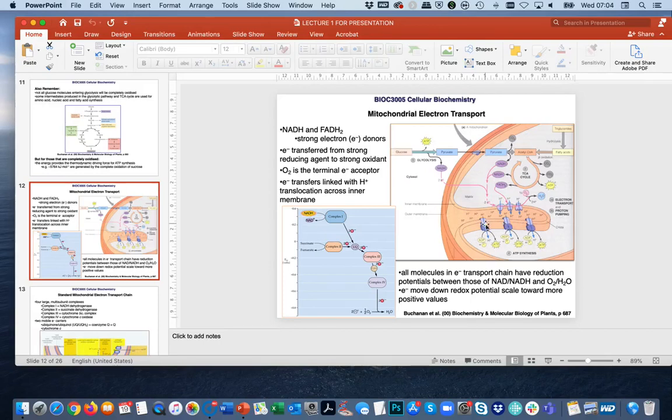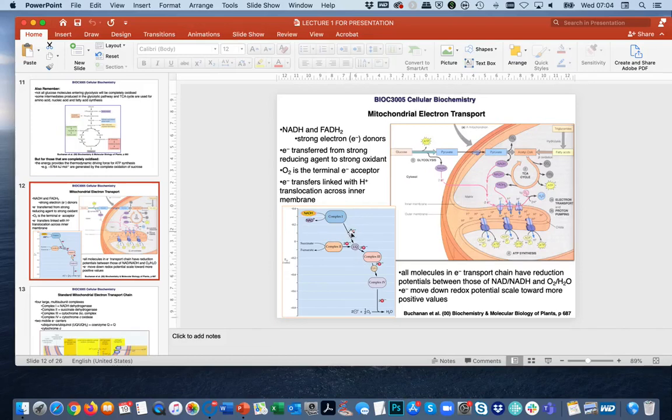A nice way to remember the direction of electron flow is shown in that left-hand diagram on the slide, and basically it shows that all molecules that are involved in electron transport are between the substrate, NADH, and the final acceptor, which is oxygen to make water, with respect to the reduction potential. Okay?